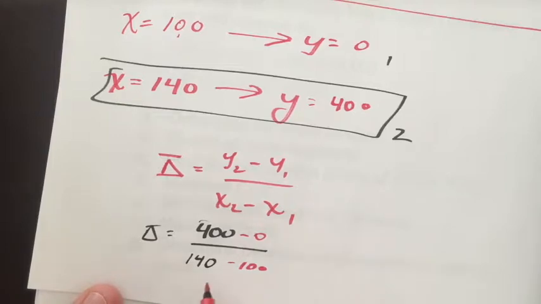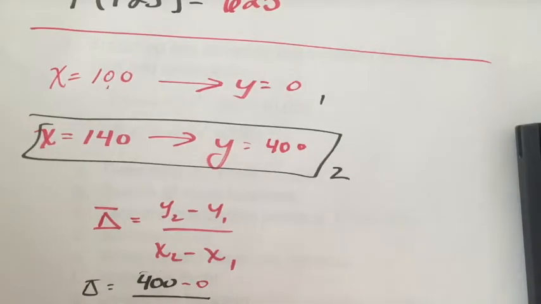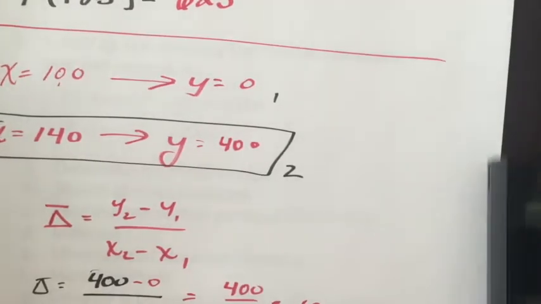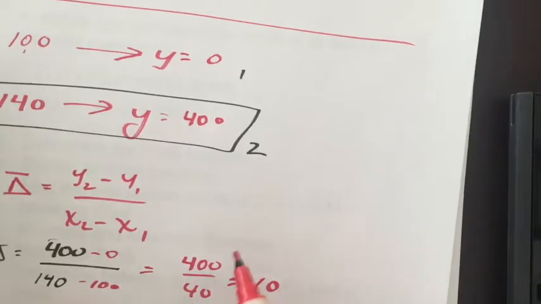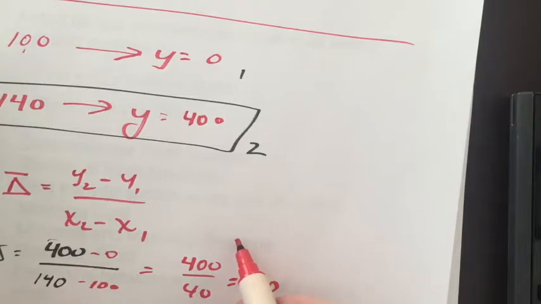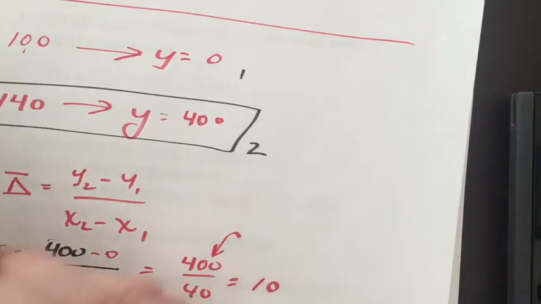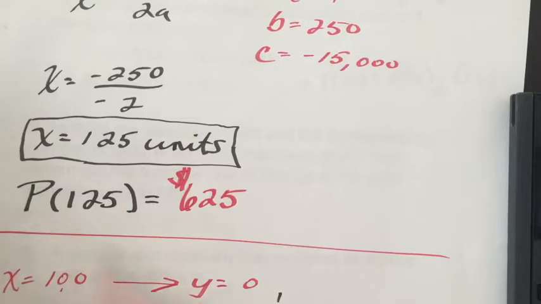Well, from there, we're going to get 400 over 40, or 10. And to be more specific on this, please remember y represents, in our problem, profit.